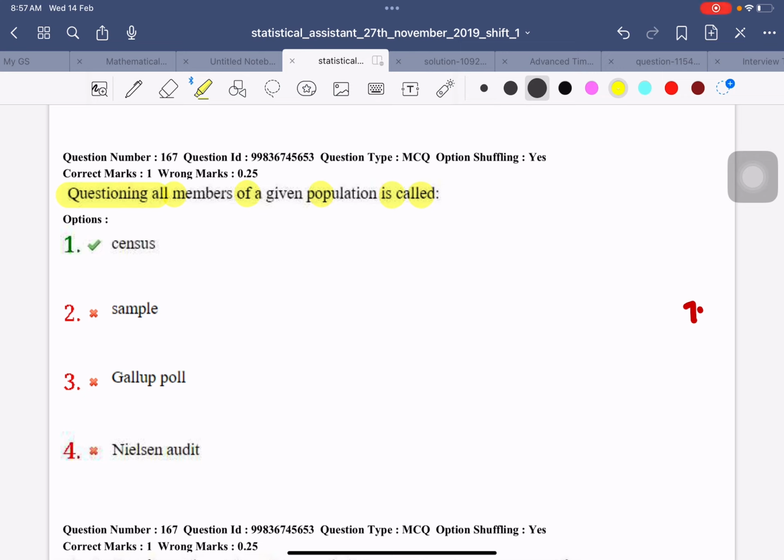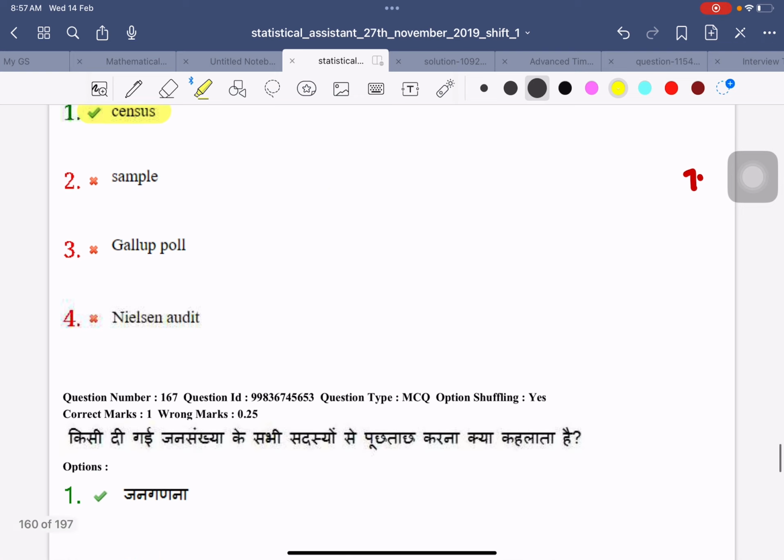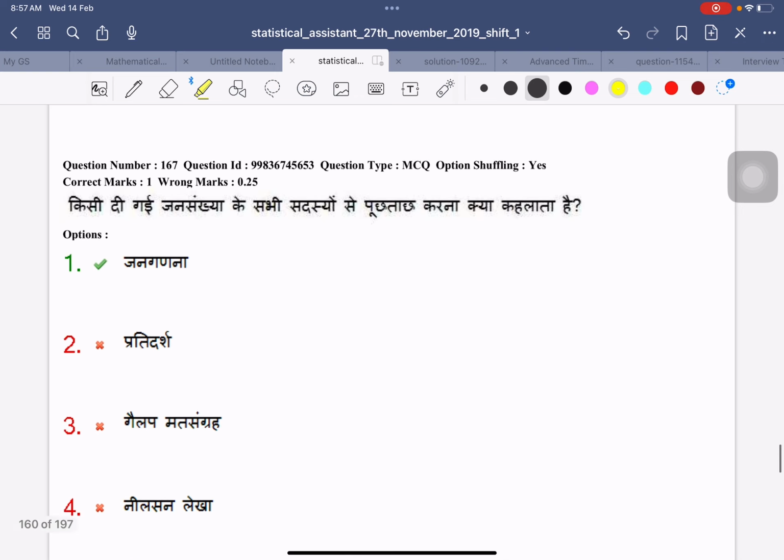That is, we need to enumerate each and every individual of the population. So this is called census. जैसे हमारी population census होती है उसमें हम हर individual के पास जाके information collect करते हैं within the boundaries of the country. So that is also called census. So population census is an example of census.